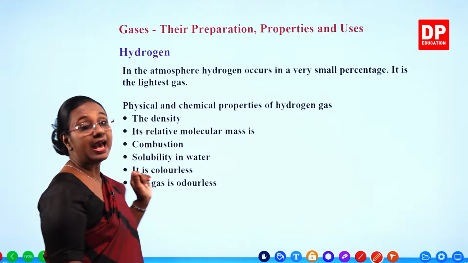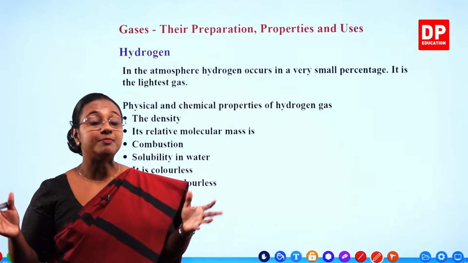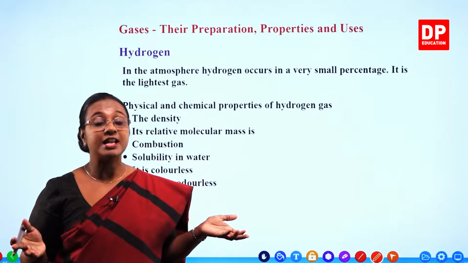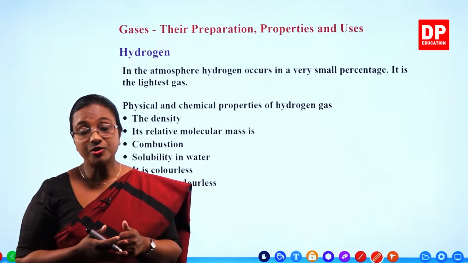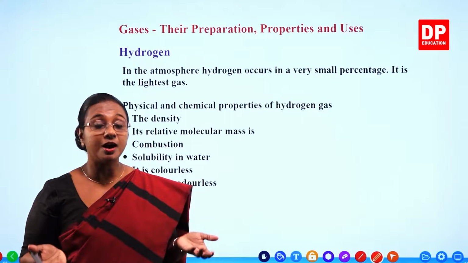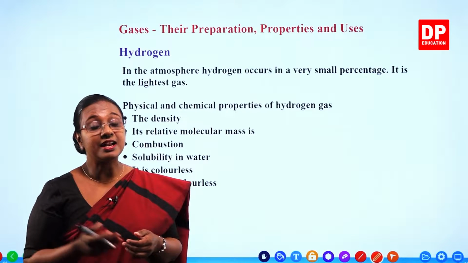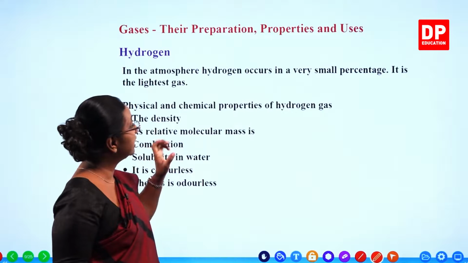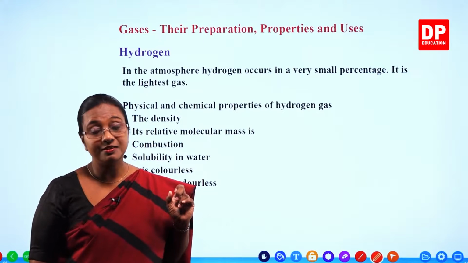So if you take the atmosphere, students, you all know the atmospheric air. Normally there is 78% of nitrogen, 20% of oxygen, there is a very small amount 0.03% of carbon dioxide, and there are some noble gases. But we don't get hydrogen in very significant percentage.